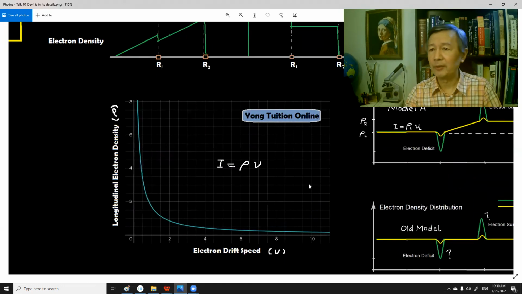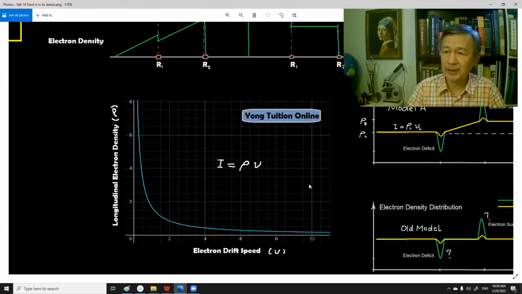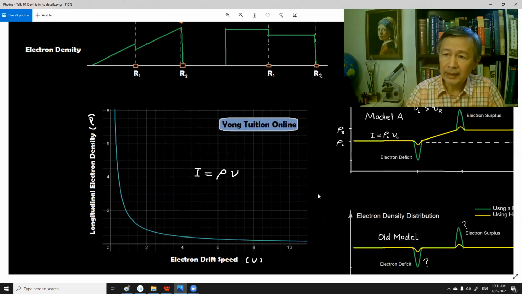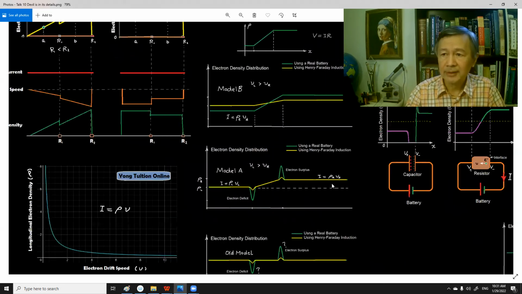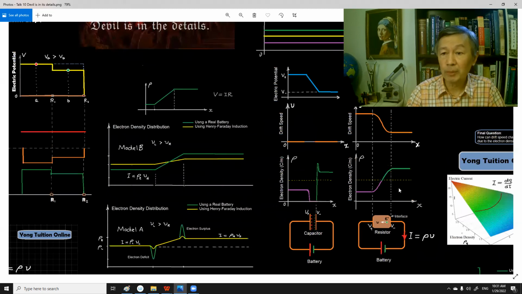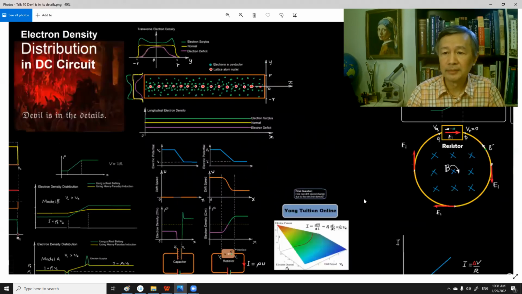The reason we introduced this idea of the electron density distribution along the loop or in the DC circuit is that we notice some people, without this in-depth thinking, merely fabricate some electron density distribution, such as this one. Let's have a look.